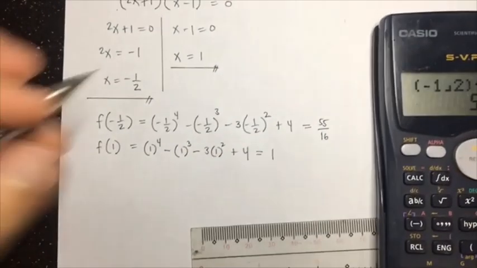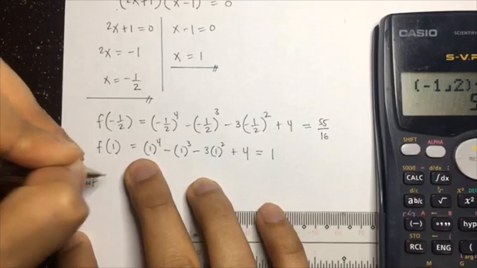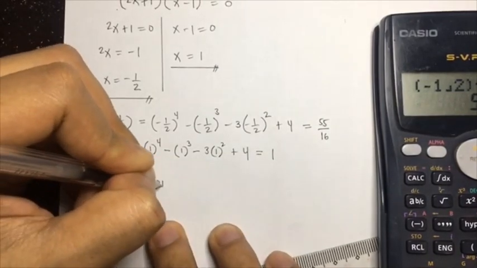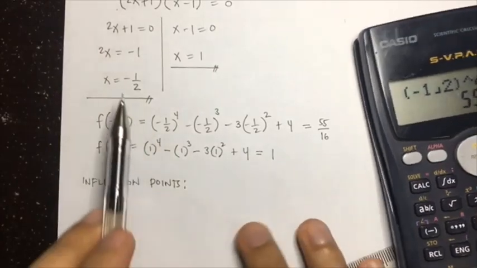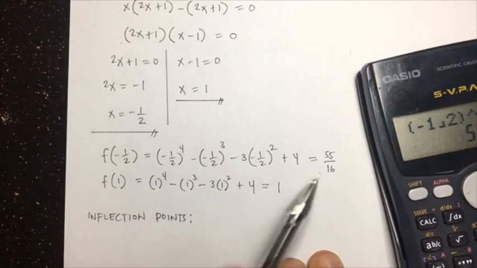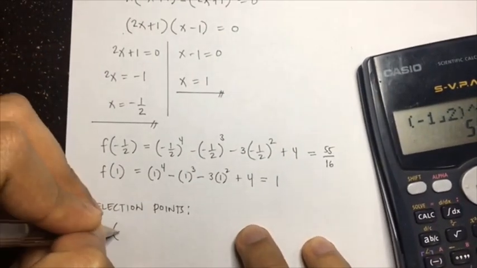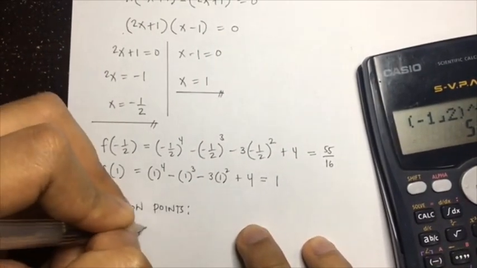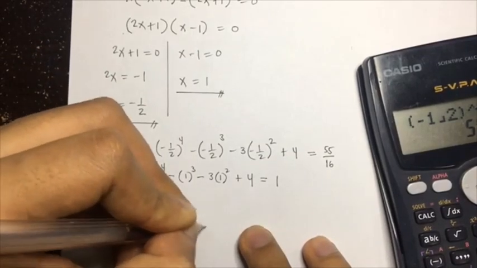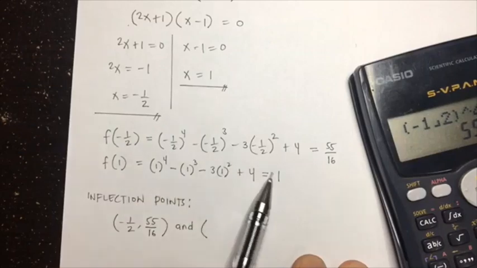Okay, so therefore the inflection points are at negative 1/2 and then 55 over 16. And at 1, 1.